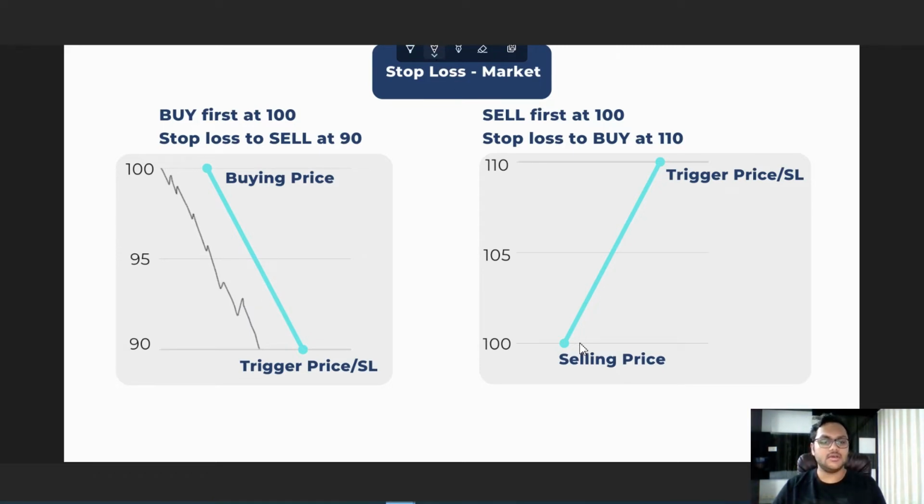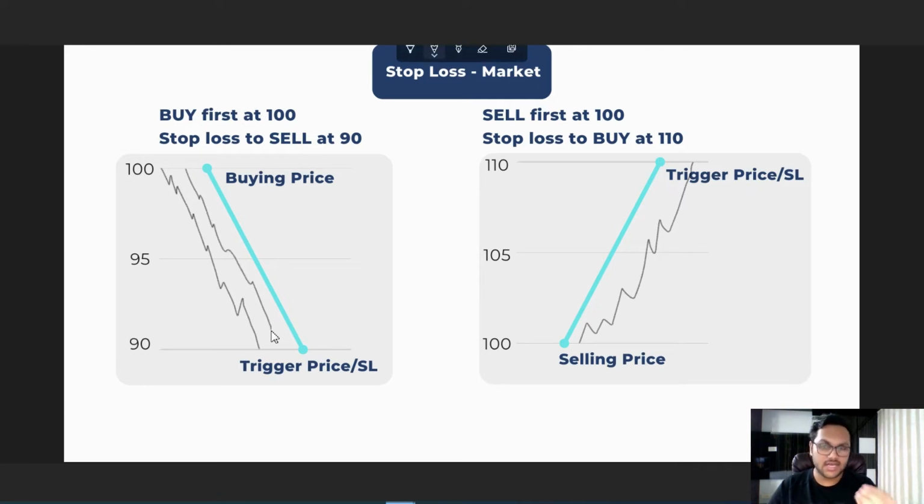Similarly, here also from 100 you can see the same three cases: the price reached 110, and again the three cases of positive, negative, and zero slippage. Now what if this price is not reached? What if from 100 it came down but did not touch 90?